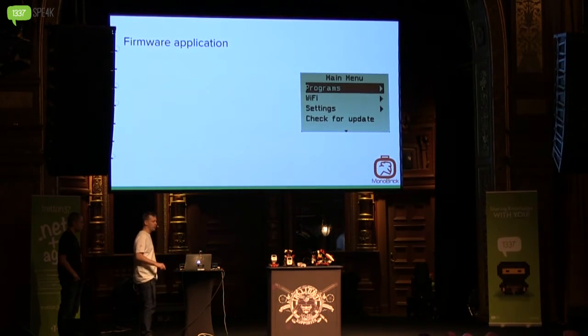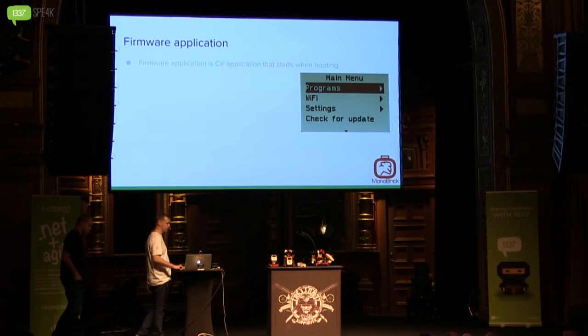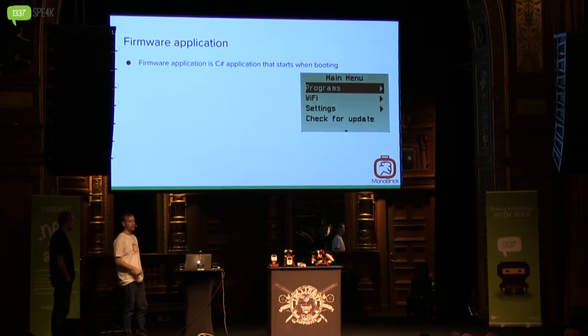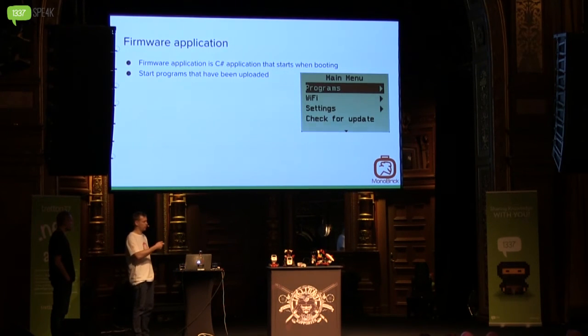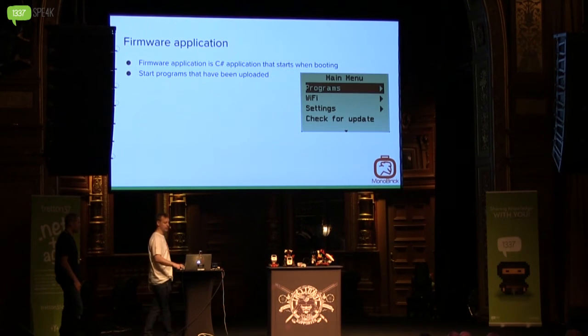But we also created what we call the firmware application, and the firmware application is a C# program that starts when you boot from our image. With this program, you can use the buttons on the front of the EV3 to select some of the programs that have been uploaded to the brick and start them. You can connect to a Wi-Fi network.